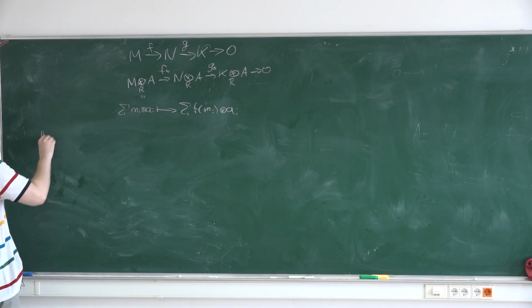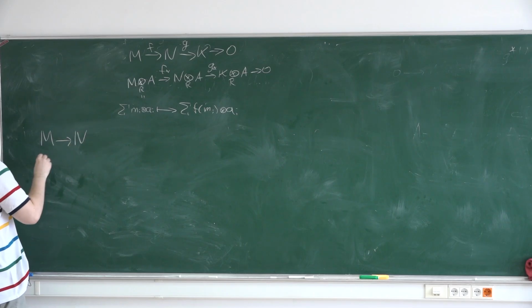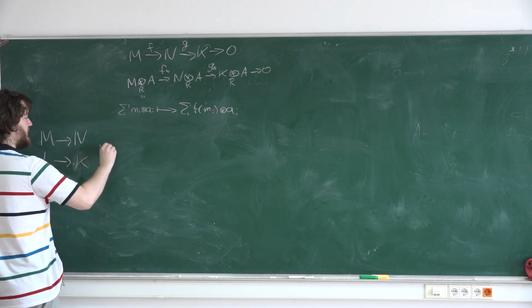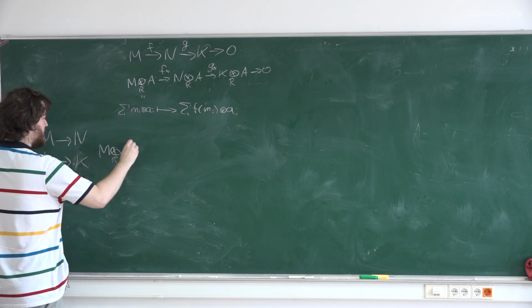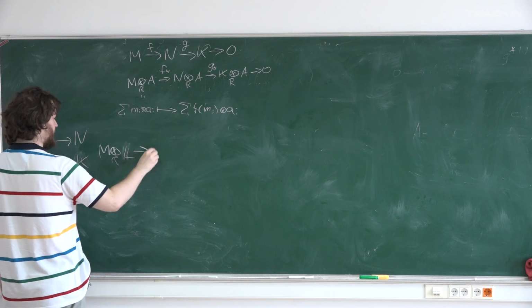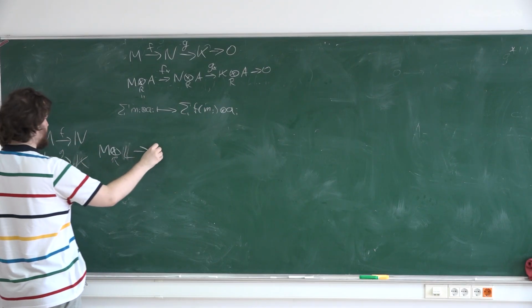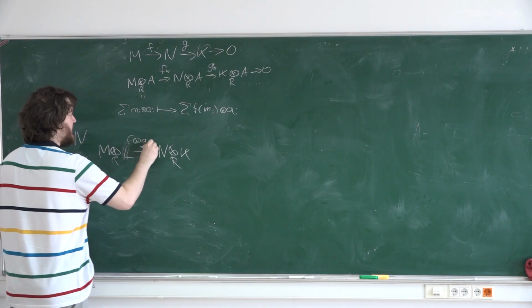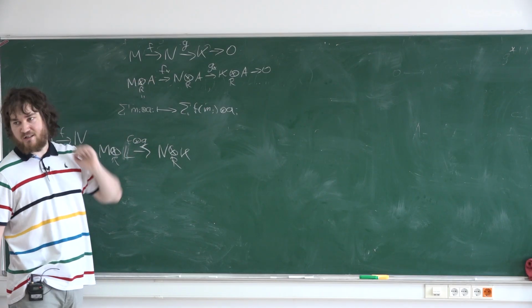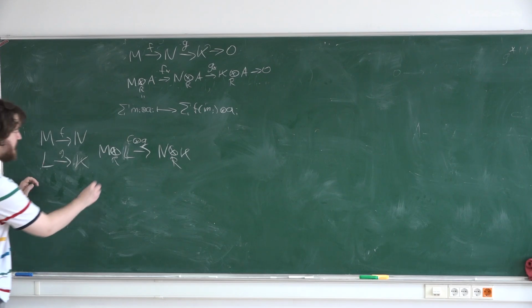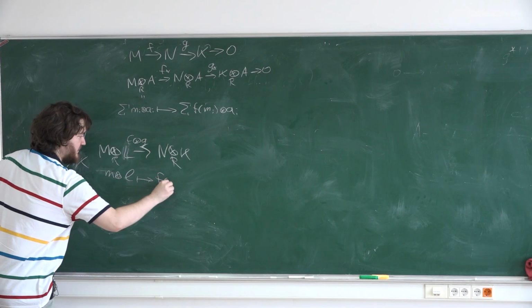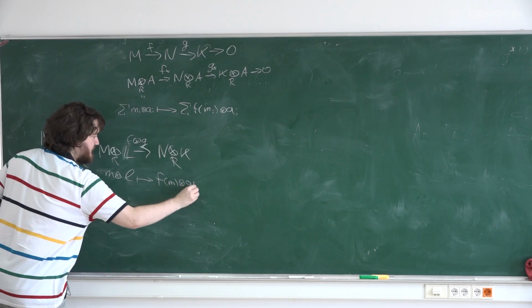More generally, if you have two morphisms, of left modules and of right modules, then of course you have the tensor product of them, F tensor G. This is F tensor ID, and this is G tensor ID, and it goes to F of m tensor G of l.